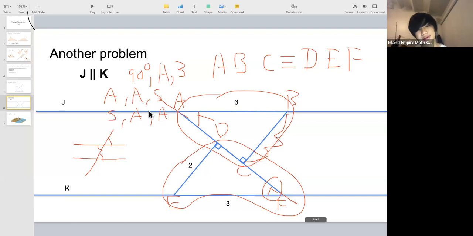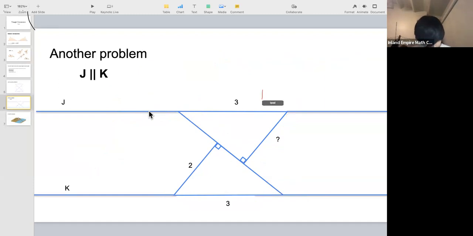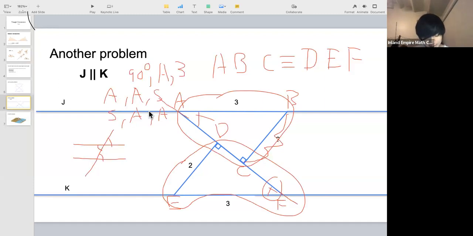They're the same triangle. They have the same side lengths and the same angles. So does this make sense to everybody? Do the logical leaps that I have made make sense to everybody?